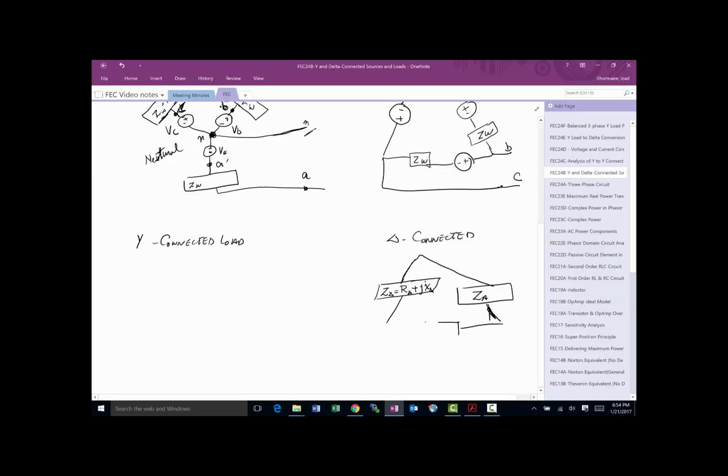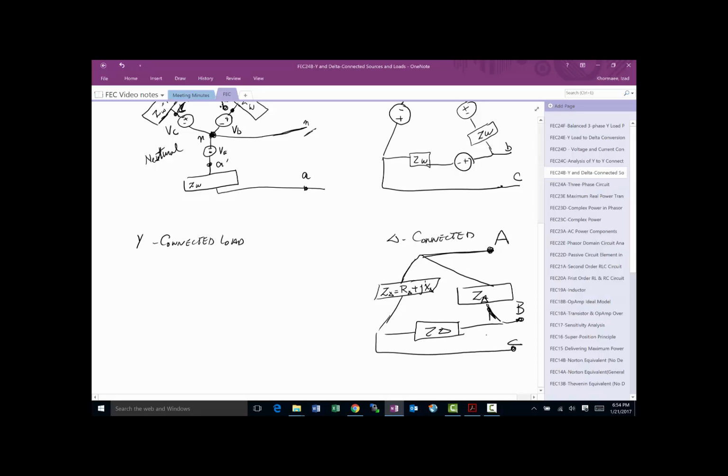And to make it look a little bit like delta, here is your delta. Now in delta, these are delta. And to stay with the convention, they usually refer to these load points with capital letters. So you always say this is A, this is B, and this is C.